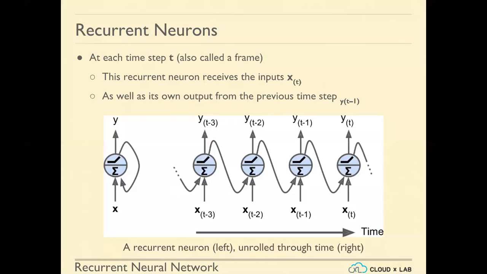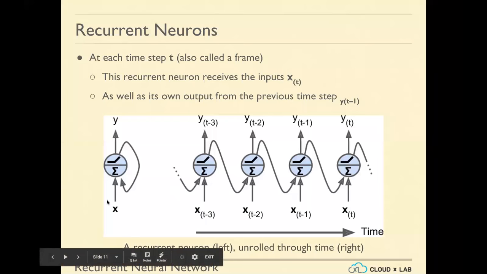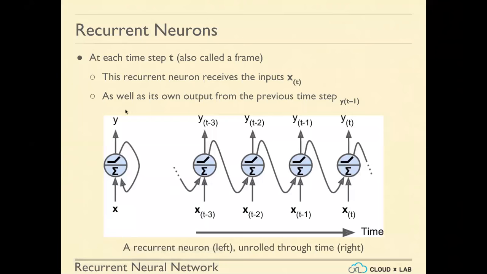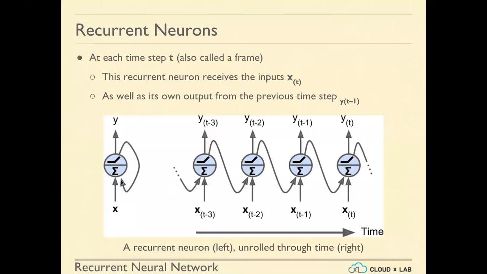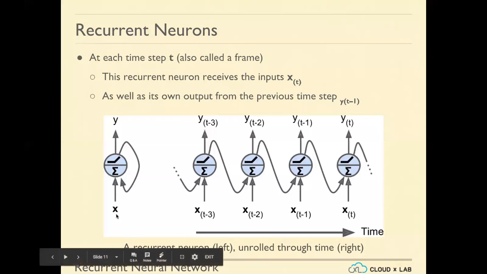Say at each time step t, let's say we're feeding the data initially. When we feed the data for the first time, there won't be any feedback and we will get the output. Then we feed the second input at the second time, and that time the previous output will be fed back in here, and we'll get the output. Whatever the output was previously is being put back in.